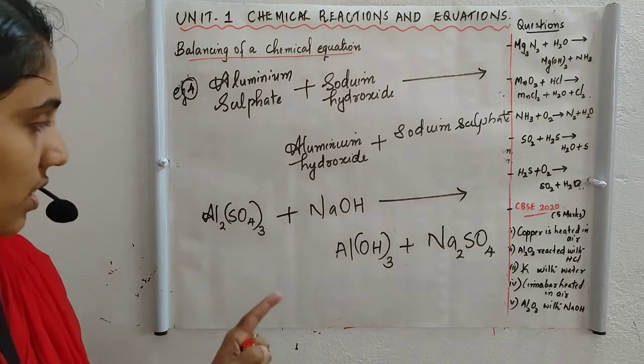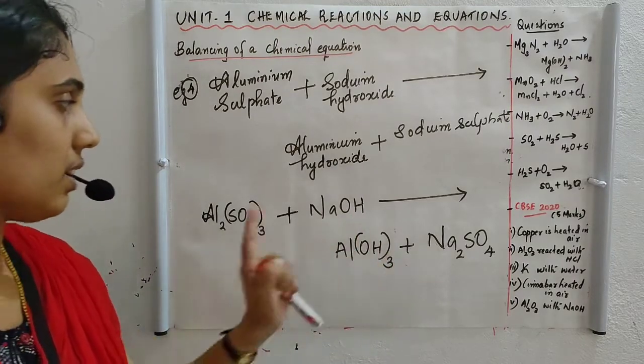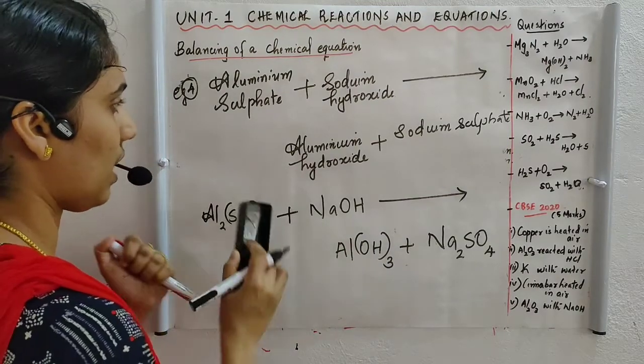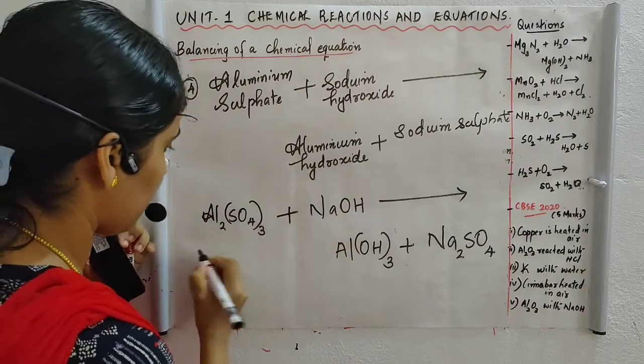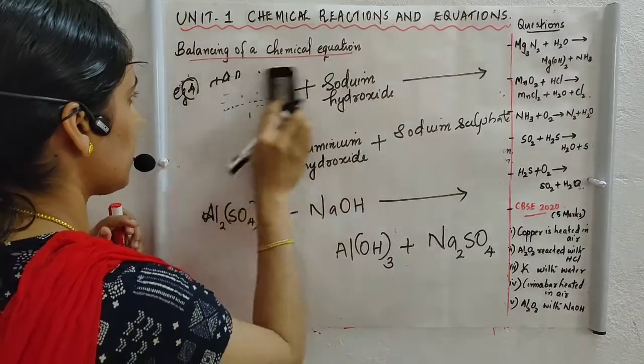The unbalanced chemical equation is this one. So just check whether it is a balanced equation or an unbalanced equation. How do we calculate the number of atoms in this case?